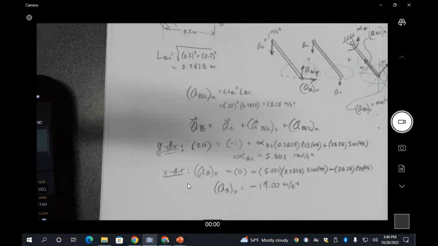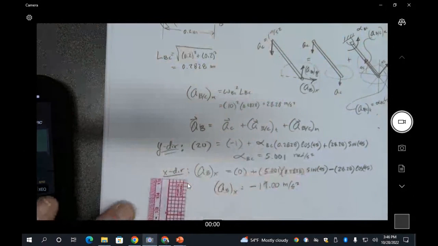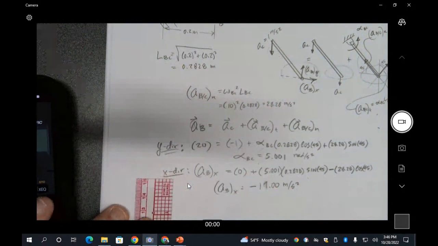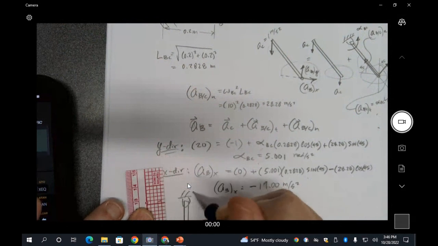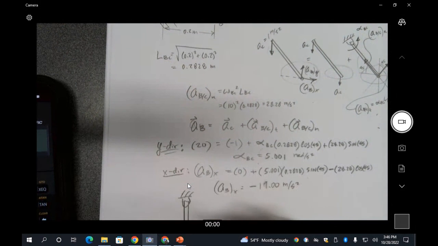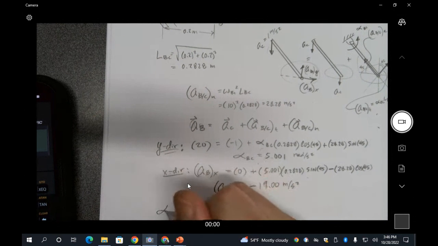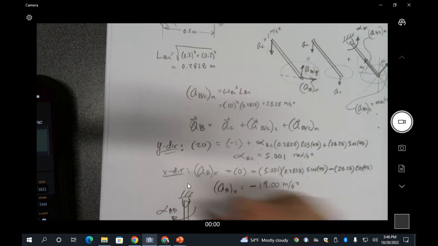So we could redraw it or come back up to it. Drawing this thing again. So now we know it's going in that direction. And while I'm here, I'll put this on there. So here's the acceleration of B in the X direction, acceleration of B in the Y direction. So here is our alpha AB.